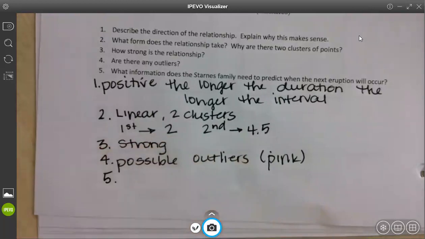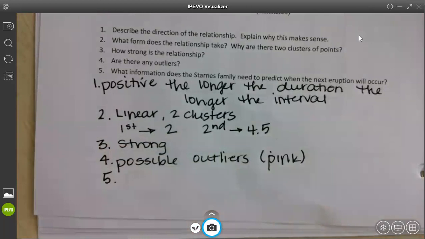And then number 5, what information does the Starnes family need to predict when the next eruption will occur? The average duration of how long it takes to get to eruption. What is it based on? So what do I need to know before I can predict the next one?